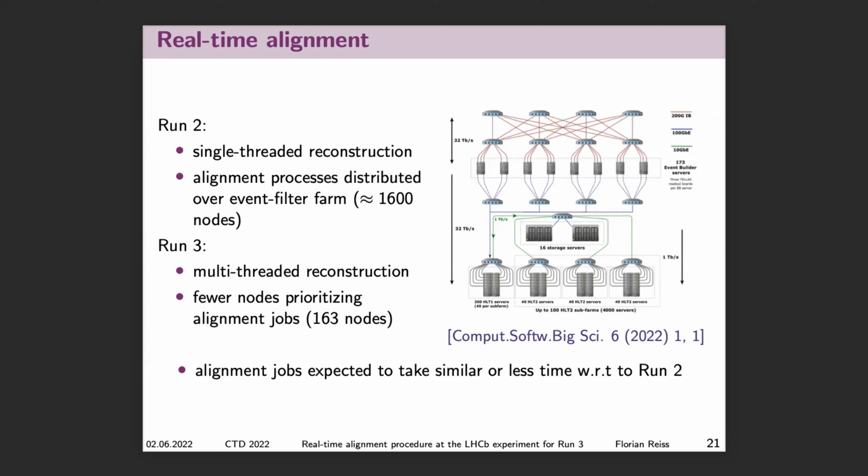The idea is that for each event building node, you have a dedicated node in the event filter farm, which prioritizes the alignment jobs. So it's very easy to associate the output from HLT1 to a specific alignment task. And because of this multi-threading, we think that the alignment jobs should take roughly similar time as in Run2, even though we are using fewer nodes.